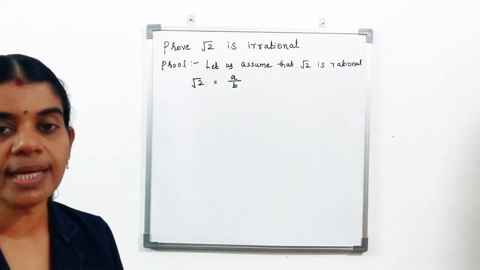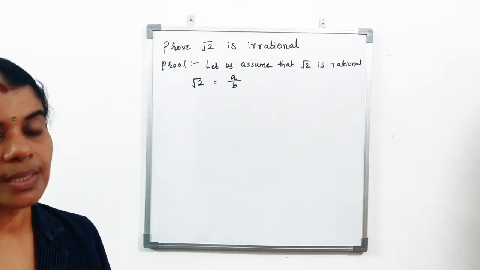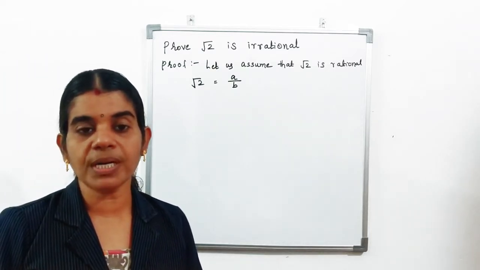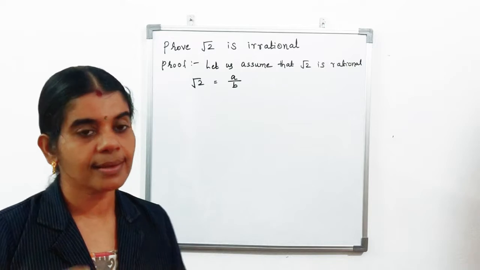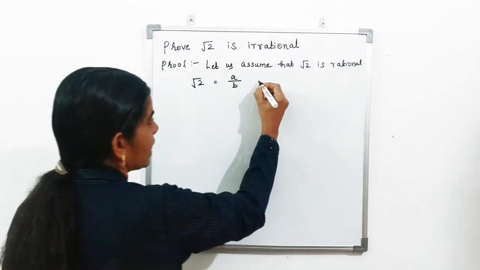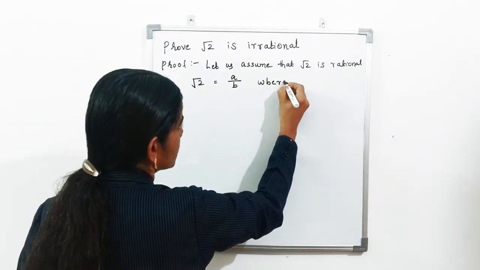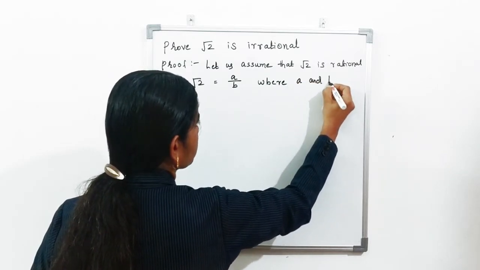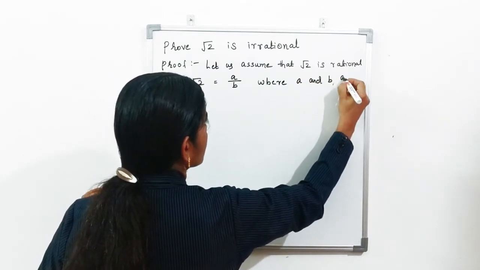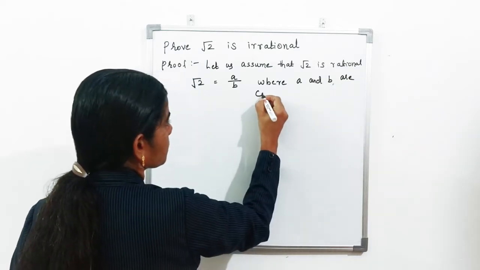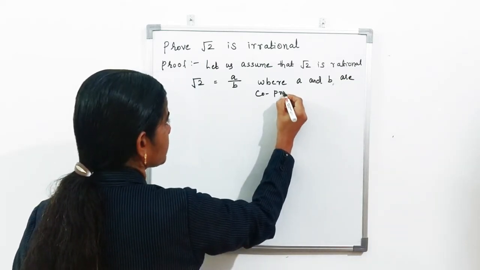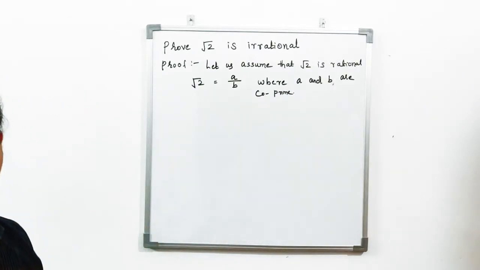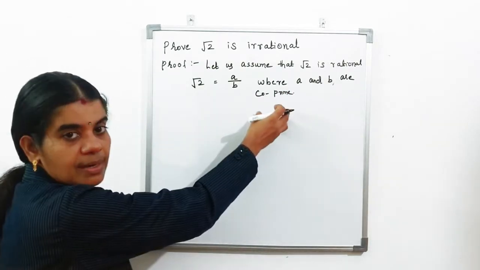Those are co-prime numbers. Is that clear? a and b have a common factor 1 only. That also we are assuming.